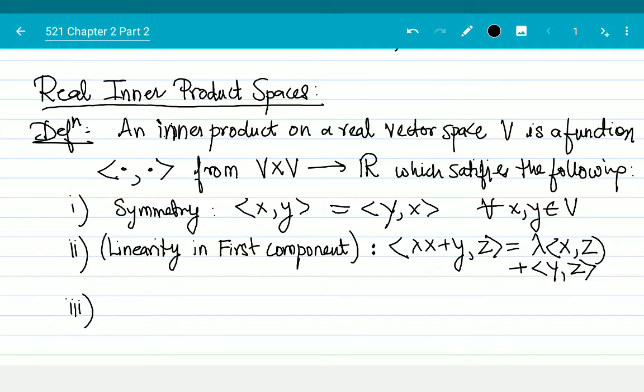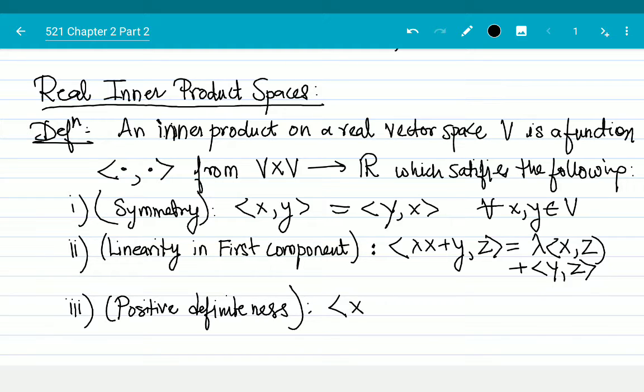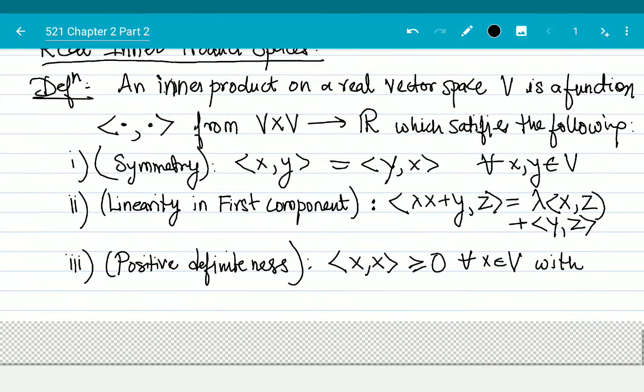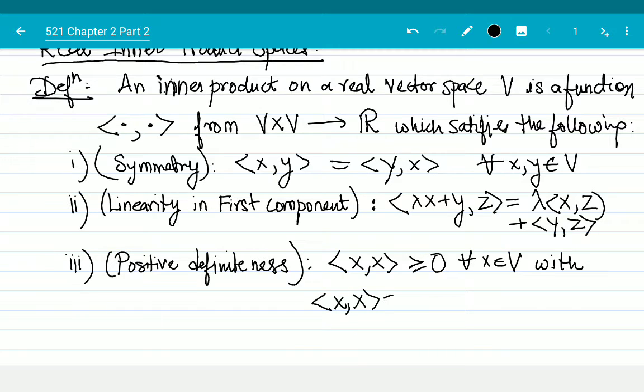Third, positive definiteness. What does that mean? x comma x is greater than or equal to 0 for every x belonging to V, with x comma x equal to 0 if and only if x is equal to 0, the zero vector.